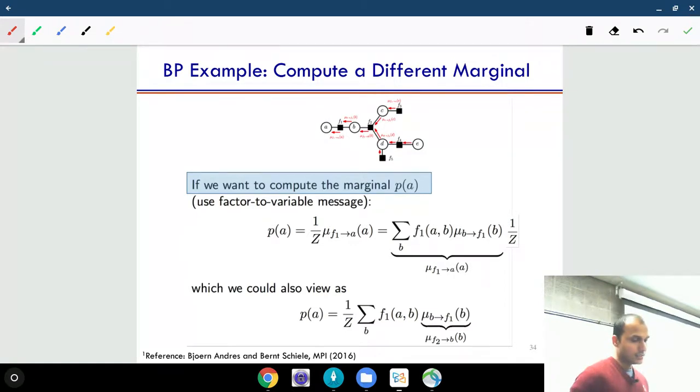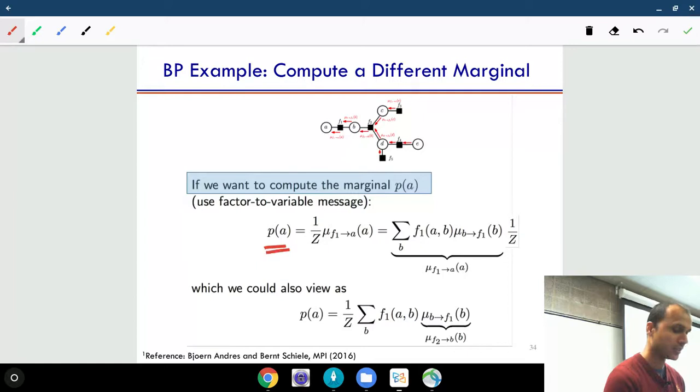So here, it's not a different example, it's the same example. Now I'm saying I want to compute just P of A. I already have a, so I need to pass a message from B to F1, and then that would be the message.